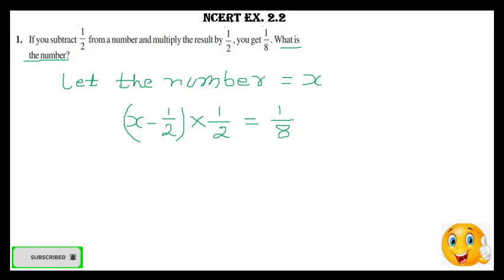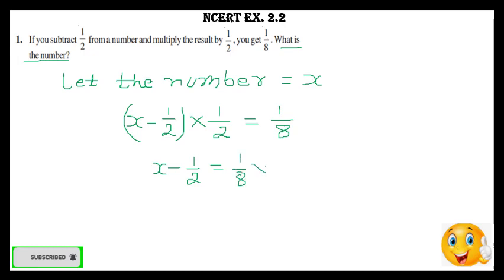Now this 1 by 2 is in multiplication with this bracket, so we have to transpose 1 by 2 towards the right side, and on the left side we will write here x minus 1 by 2, and 1 by 2 once transposed to the right side becomes 2 upon 1.